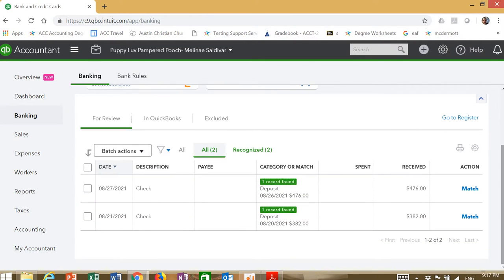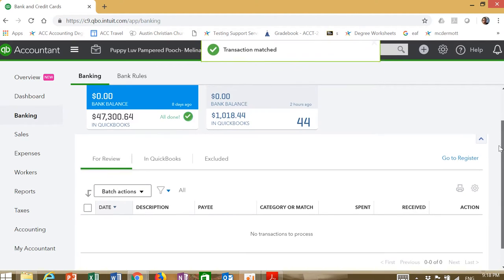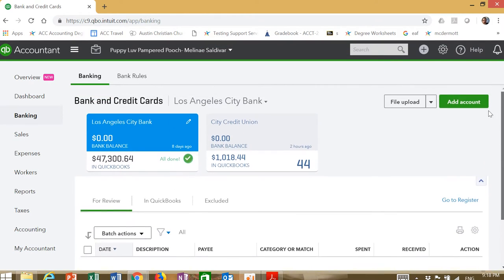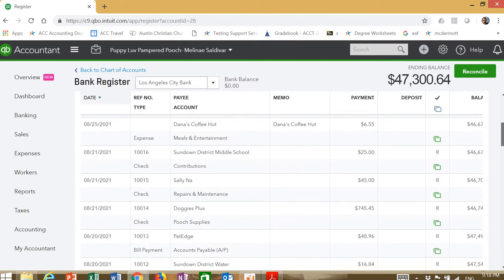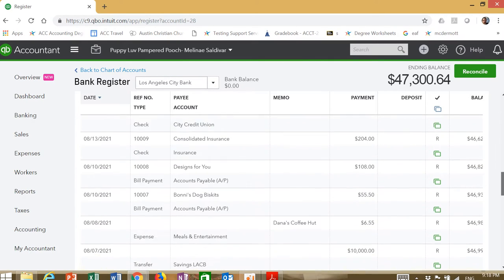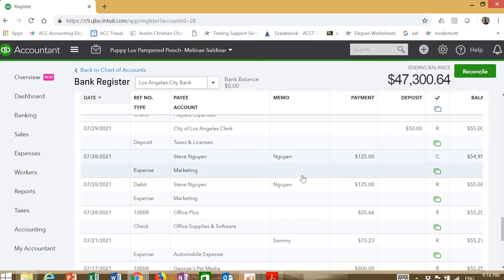We have these two transactions that now match with the activity that's actually in the register. So we'll go ahead and match those. And then there's one that was recognized that I think was already automatically pulled over. So let's go back to the register. And there should be one for $125. And there is, and it's been pulled over twice again.